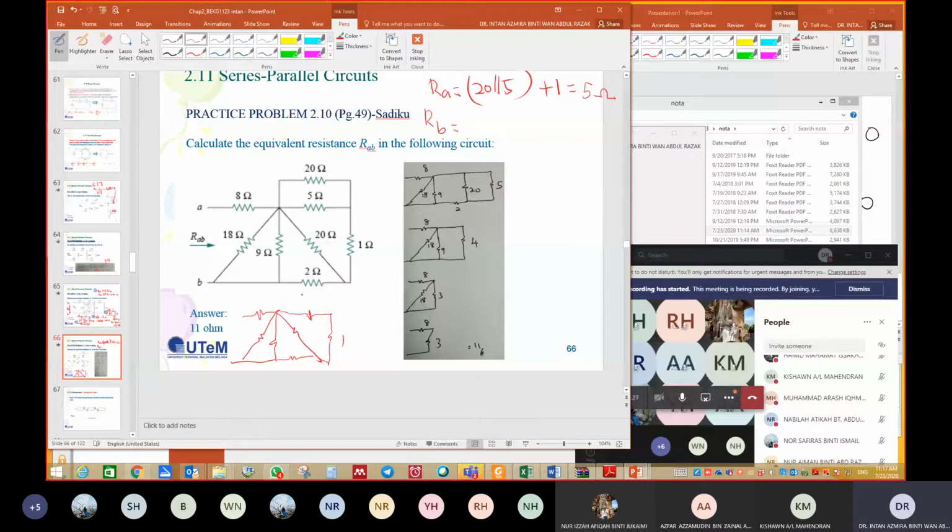This is 20 parallel with 5. When we redraw again, we just put 5 here.